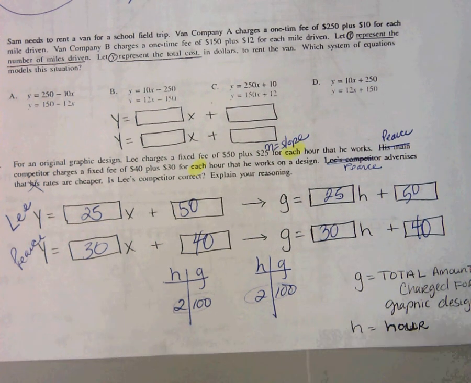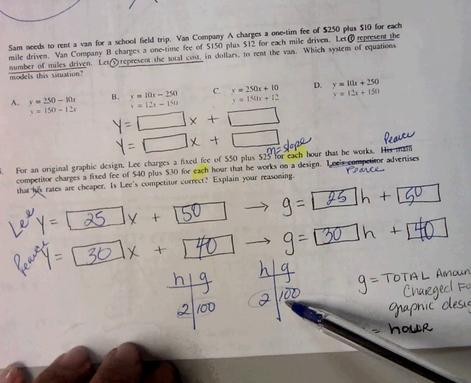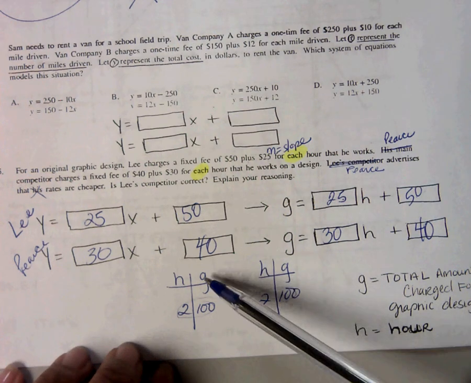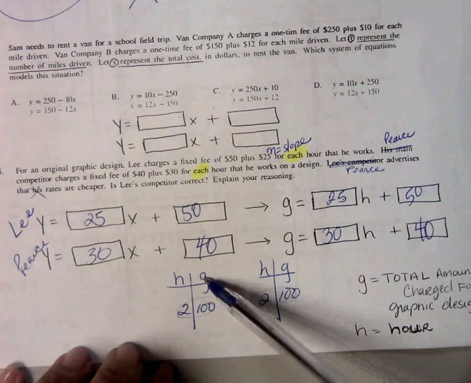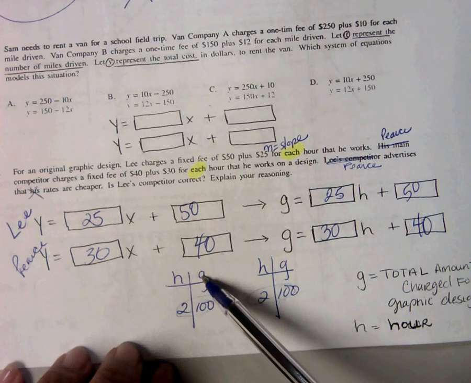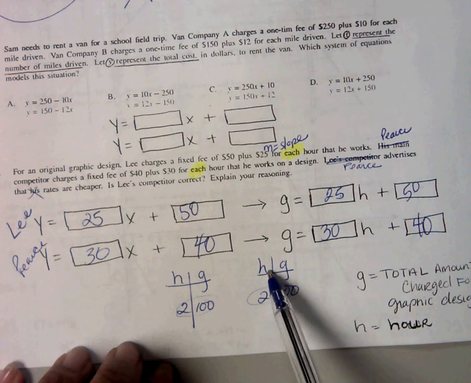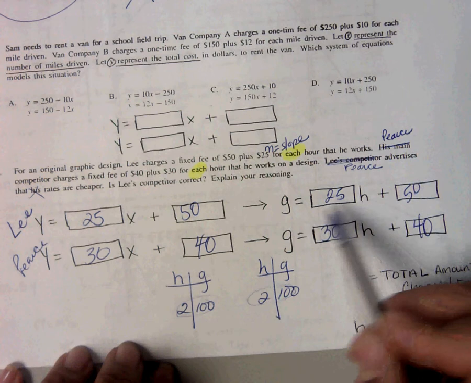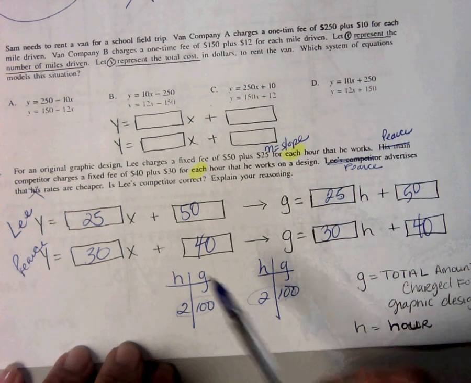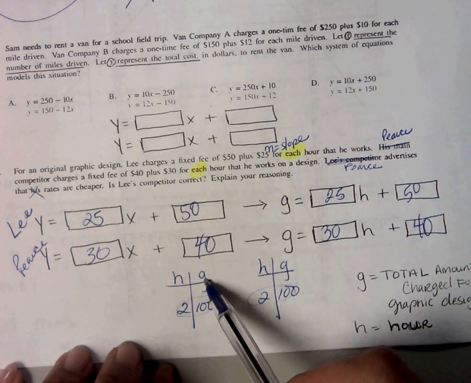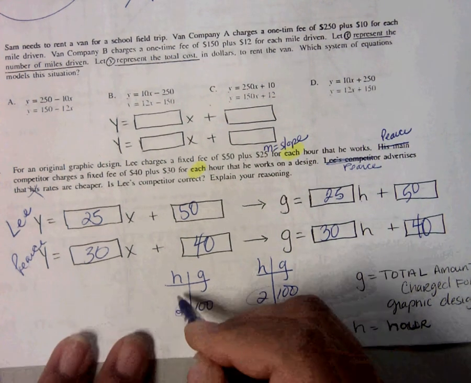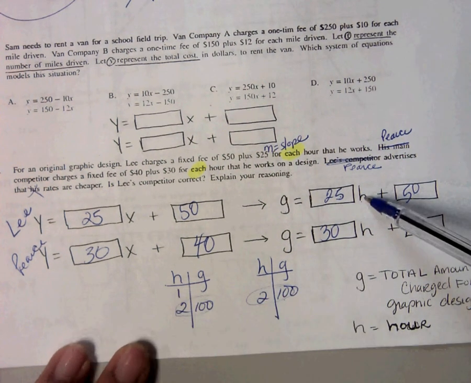So to answer this question, I want to build a table so that we can look at the other values. The letter G is going to represent the total amount charged for the graphic design. The letter H is going to represent the hours. Again, X, Y. And on tables, we see X and we see Y. So if I plug in 1 hour, 25 times 1 gives me 25.